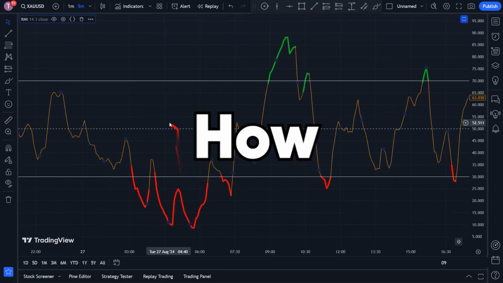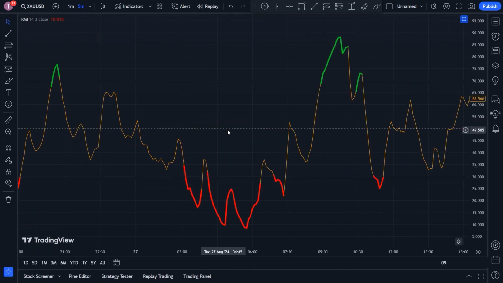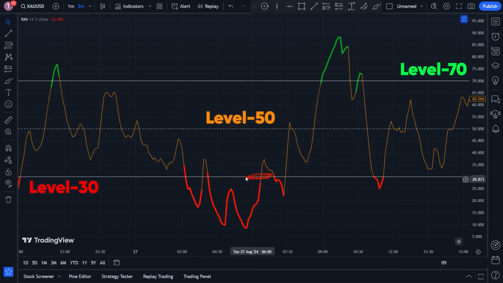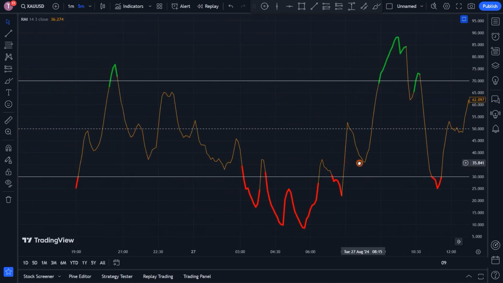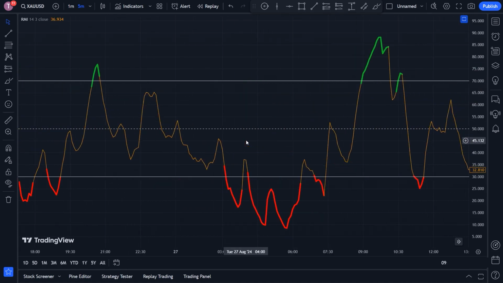Now we need to know how to use this indicator alone. This indicator has 3 important and critical levels that you can see in the image. Understanding these 3 critical levels in trading will help you a lot.